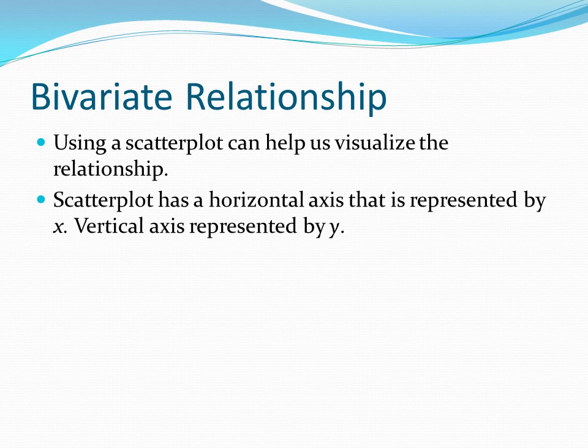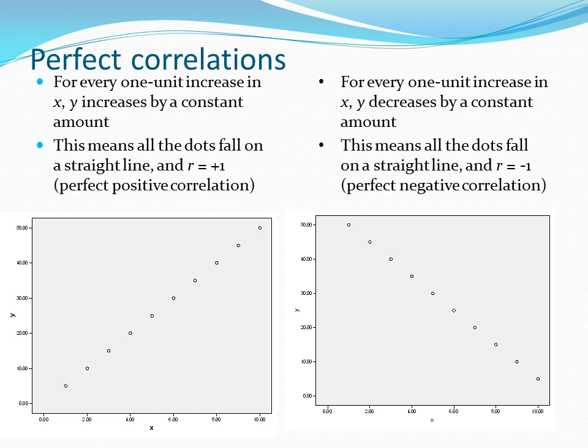The bivariate relationship is very easily identified on a scatter plot, and a scatter plot has a horizontal axis that is represented by an X, and it has a vertical axis represented by Y. So looking at what would be ideal or perfect correlations, we could say for every 1 unit increase in X, that would be the horizontal field, Y increases by a constant amount.